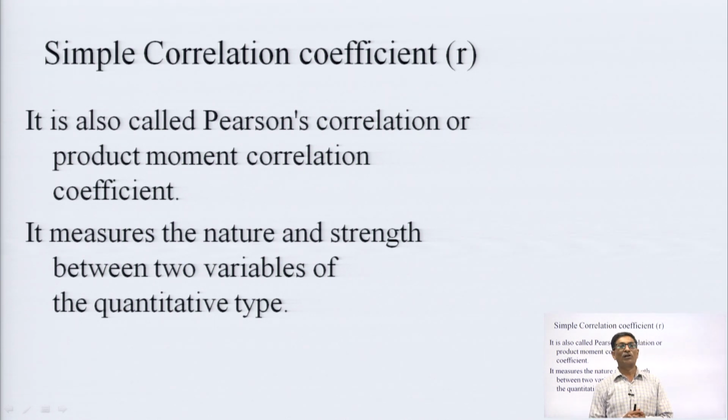It is the simple correlation coefficient for quantitative data, and it measures the nature and strength of the relationship between two quantitative variables.